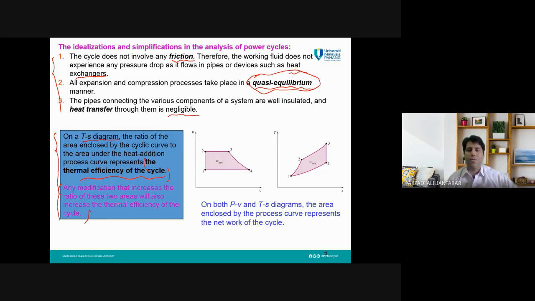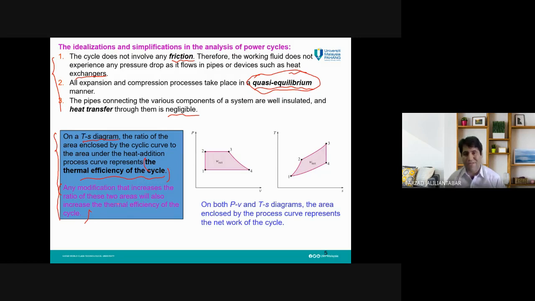Our purpose always is to increase or to enhance the efficiency of the cycle. We have fuel, we have thermal energy. It is constant. How can we get more work from that? For example, you have a car; it consumes, for example, 10 liters of fuel for 100 kilometers of distance traveled. How can you increase or reduce the fuel consumption?